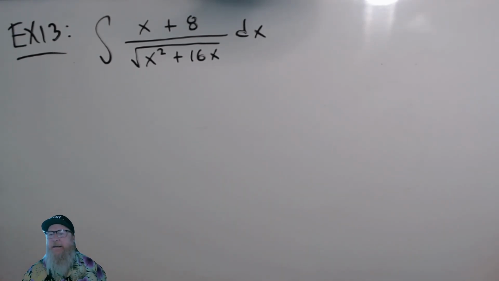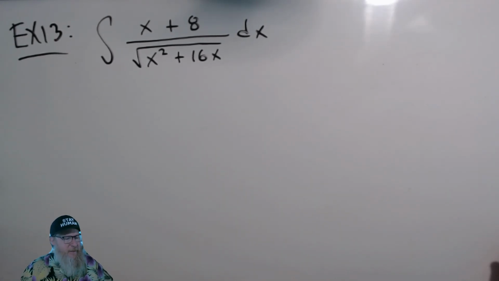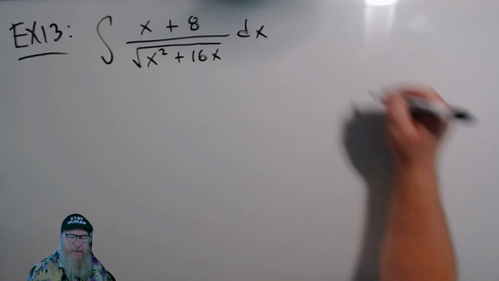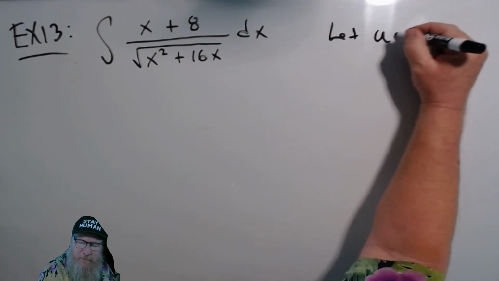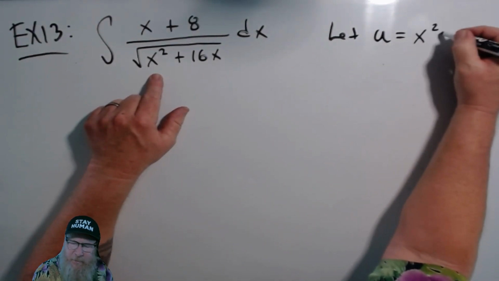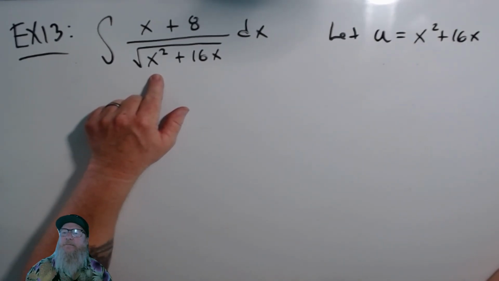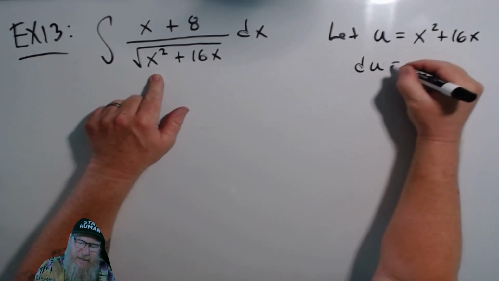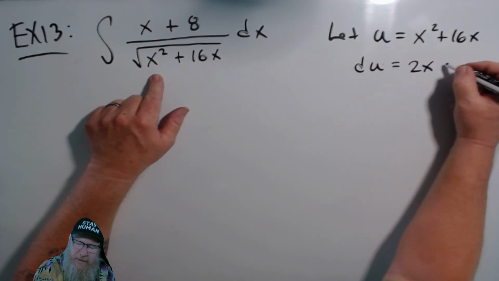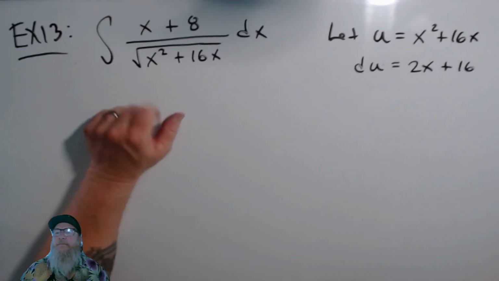Wow, we are almost to the end here. Let's see if I can get through all of these. I'm trying to take you all the way to the end of substitution so we don't have to do a part 2. All right, so let u be the x squared plus 16x. Then du is 2x plus 16.